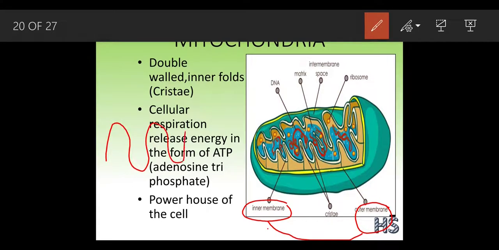Why are there so many folds? So that it can increase the surface area. These mitochondria have their specific DNA. None of the other cell organelles have it, but the mitochondria has its own specific DNA.